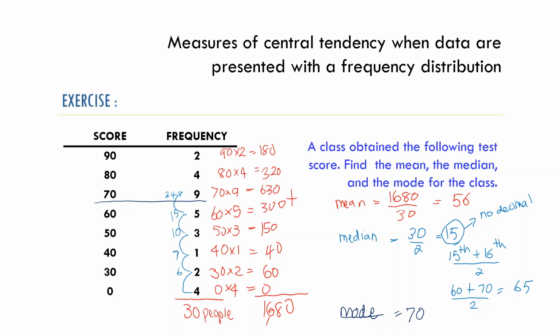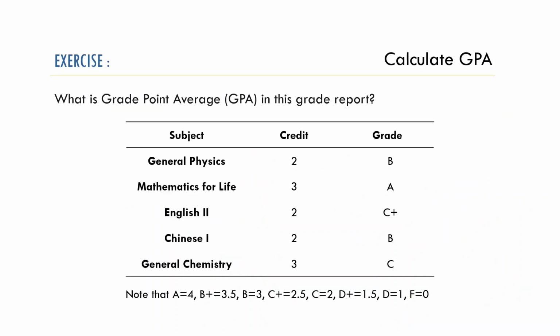It can be a simple set of numbers, or it can be numbers in a table already represented as a frequency distribution. Now the exercise, the last one of how to calculate things, is very important for you guys to know: how to calculate your GPA in the grade reports.